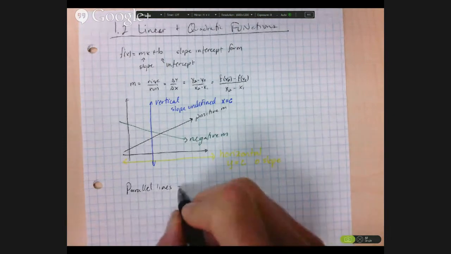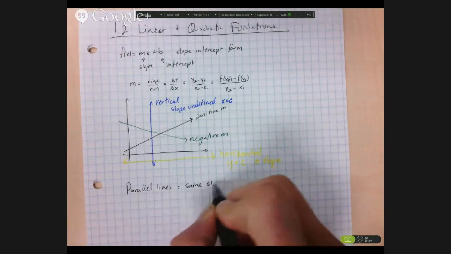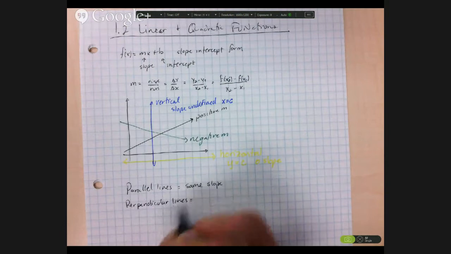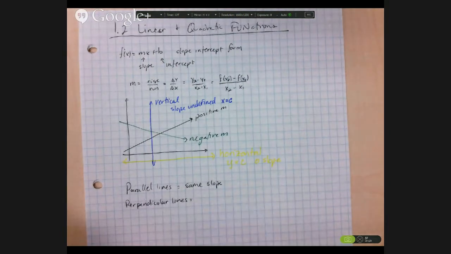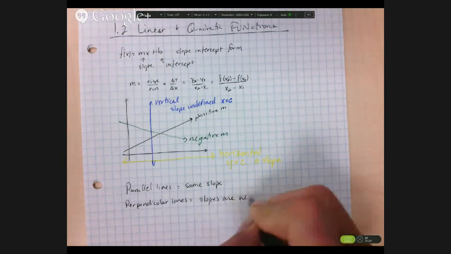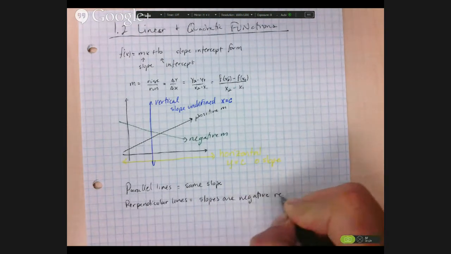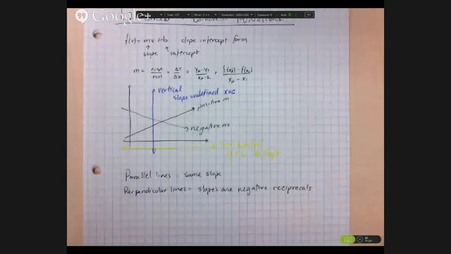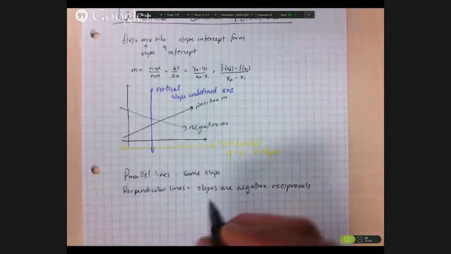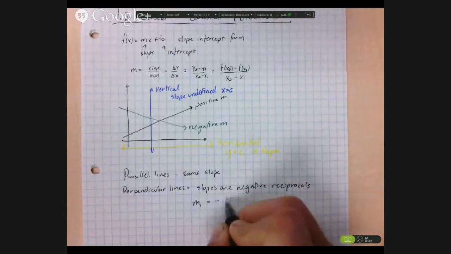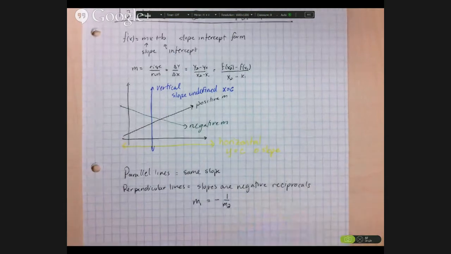Parallel lines, same slope. Perpendicular lines, slopes are negative reciprocals. So what that means is some slope 1 is equal to the negative reciprocal of the other slope.